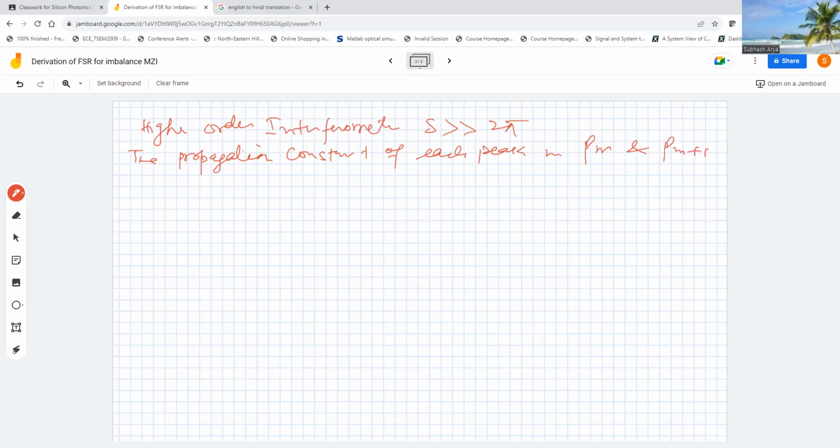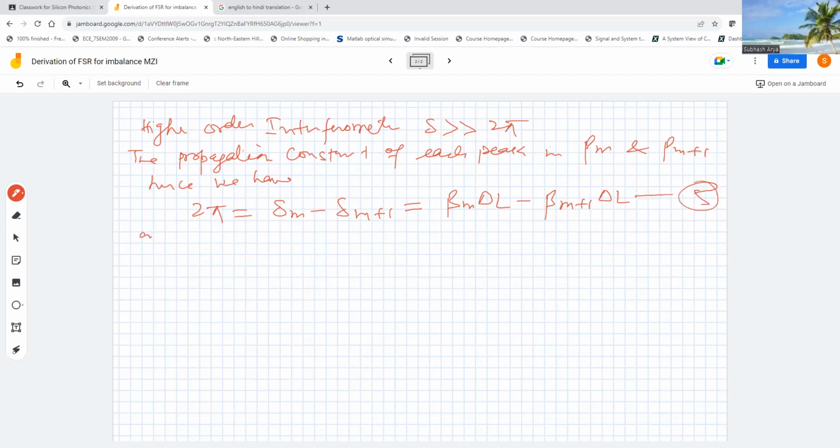Hence we have 2 pi, that is the phase difference, equal to delta m minus delta m plus 1, which is further equal to Bm delta L minus Bm plus 1 delta L. So let us write this as equation number 5.